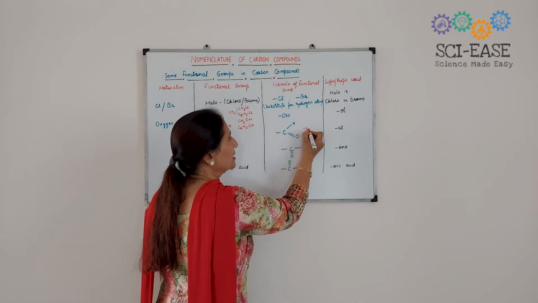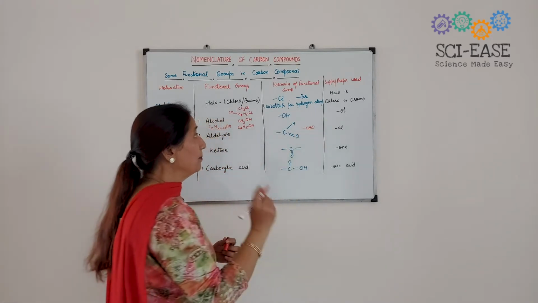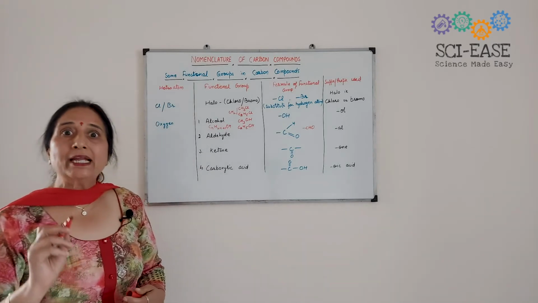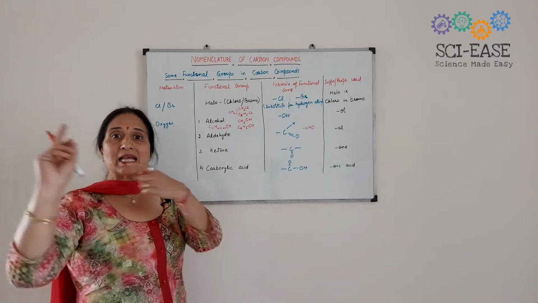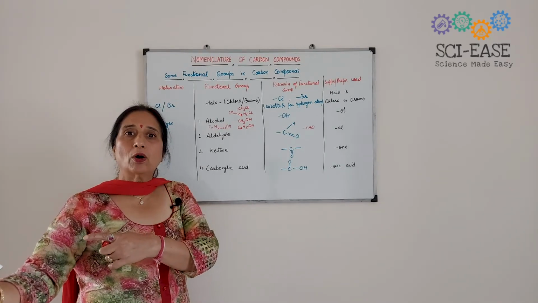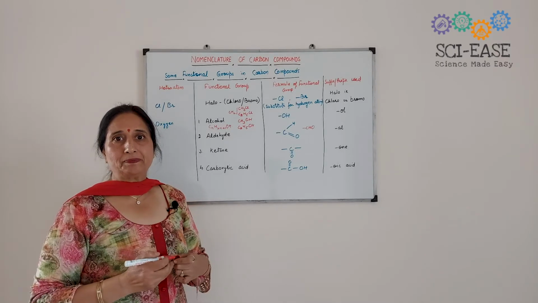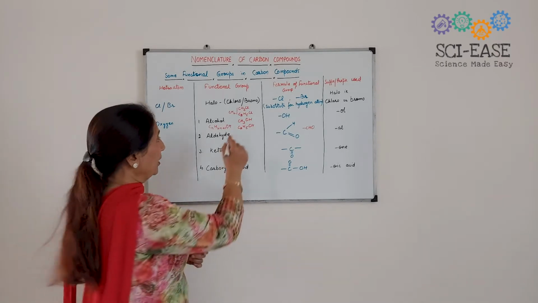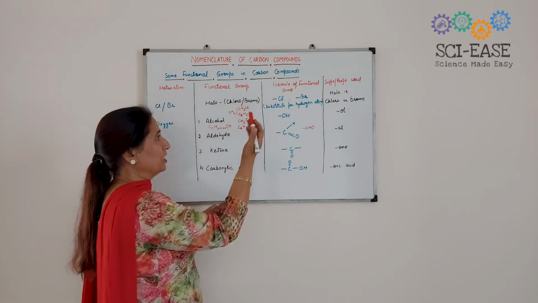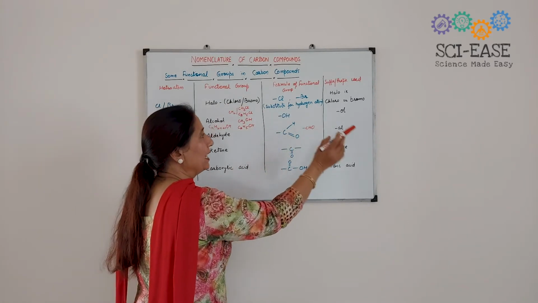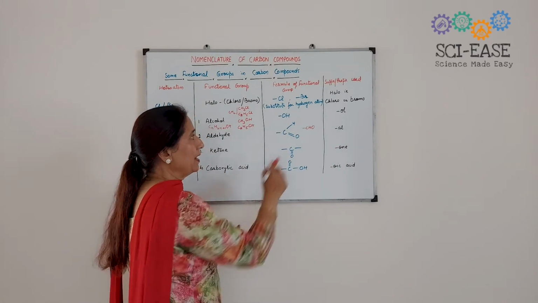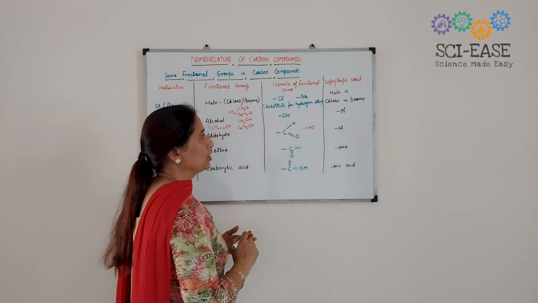And you can write it like this also. But mind it, the aldehyde group is always at the end of the organic compound. Branching is there, but the aldehyde group is at the end, and you can write it like CHO.